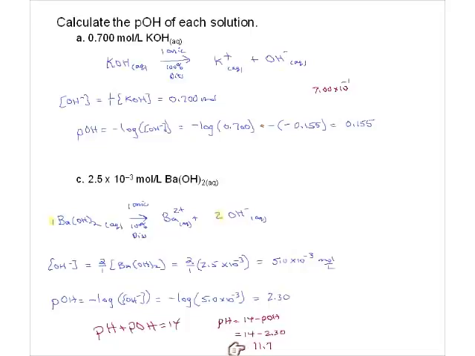This ends up being a pH of 11.7, which means it's basic, because it's a pH above 7. So a pOH of 2.3 is a basic solution. It's going to have a pH of 11.7. So if you can't get your head around pOH, simply calculate the pOH and then change it into a pH, and that way you can easily say that acids are below 7, bases above 7. There we go. And that would make sense anyway, of course, because this is producing hydroxide.